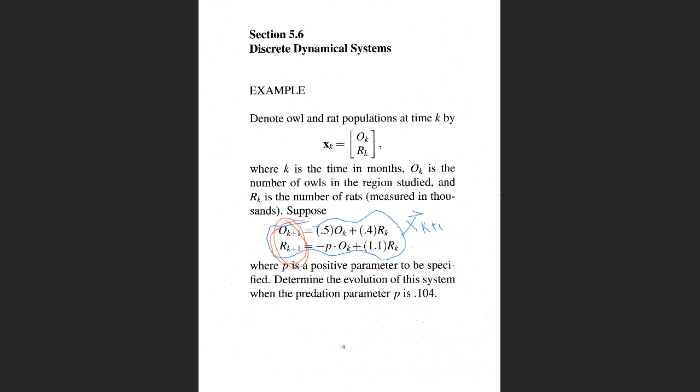I want to set it equal to A times x sub k. And here's x sub k right here.